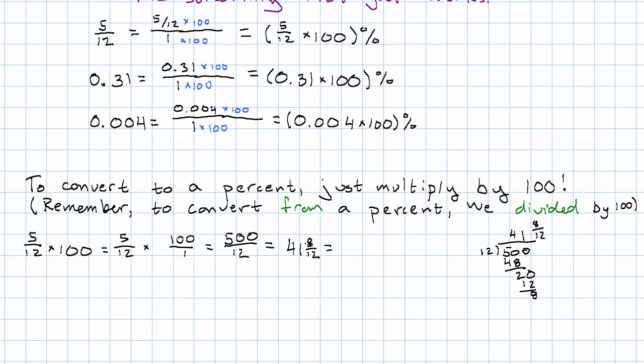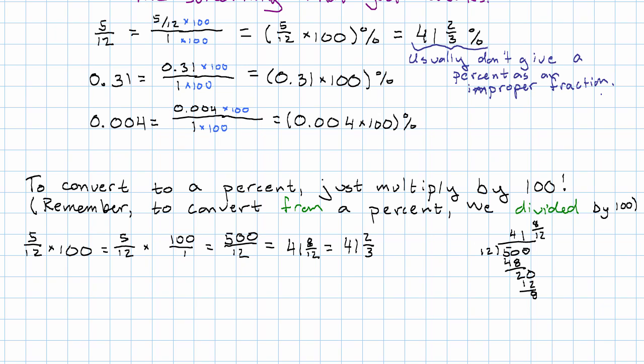And then I can simplify 8/12ths. Common factor is 4. That's just equal to 2/3. So 5/12 equals 41 2/3%. Just like with unit rates, we will typically not give a percent as an improper fraction. We'll typically give it either as a decimal, a whole number, or a mixed number.